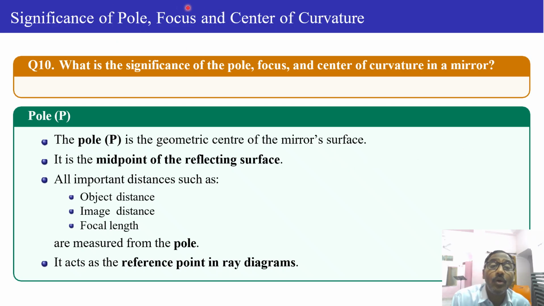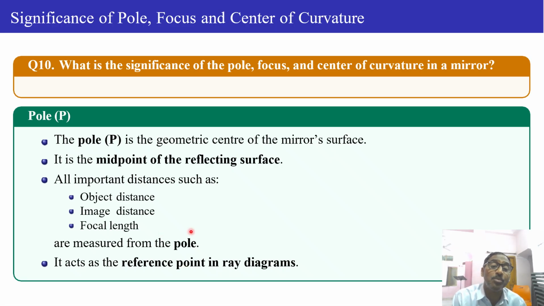Significance of pole, focus and center of curvature. What is the significance of the pole, focus and center of curvature in a mirror? Pole P is the geometric center of the mirror's surface. It is the midpoint of the reflecting surface. All the important distances such as object distance, image distance and focal length are measured from the pole.